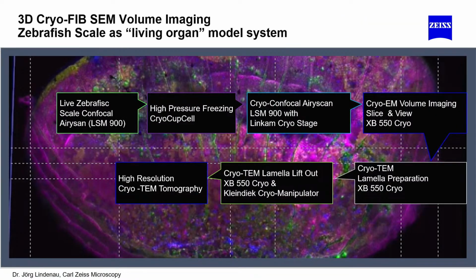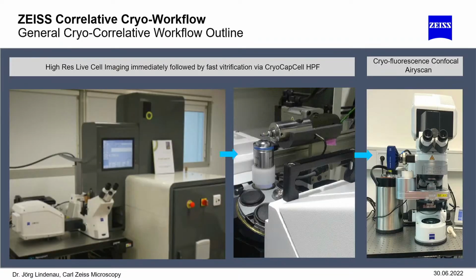The workflow they did here is they do live cell imaging on the zebrafish scale, then they freeze it, then they go back to the confocal microscope, do the same imaging from the same fluorescence labels under cryo conditions, go to the volume imaging in the cryo crossbeam, cut a lamella, lift the lamella out and go to cryo-TEM.